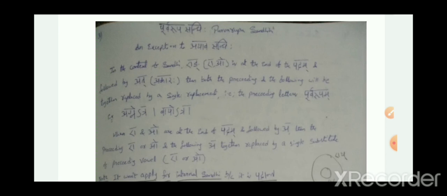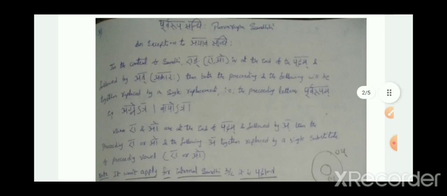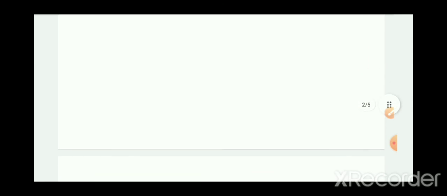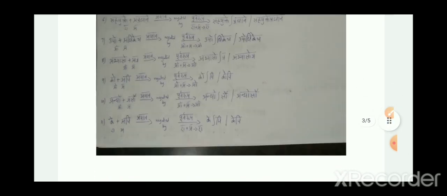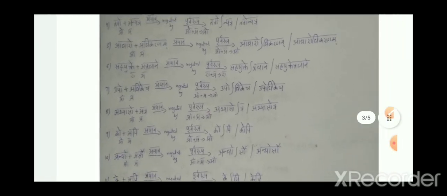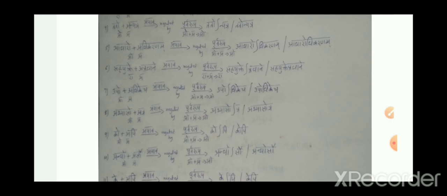So, when A or O are at the end of the padam and it's followed by an akara, meaning the letter A, then the replacement will happen on both sides by its Purvarupam, meaning its preceding vowel. Whatever is the preceding vowel, that will replace, and A will be dropped off. That's it. This is what we have seen till now with examples. Here I have given examples. If you want to note them down, you can take a snap and then practice further.